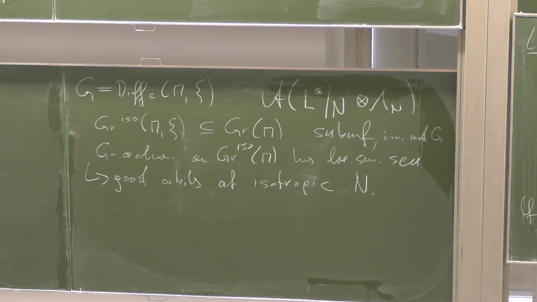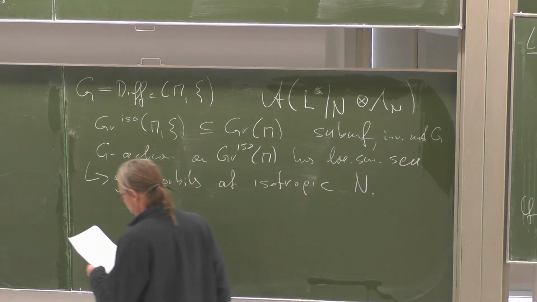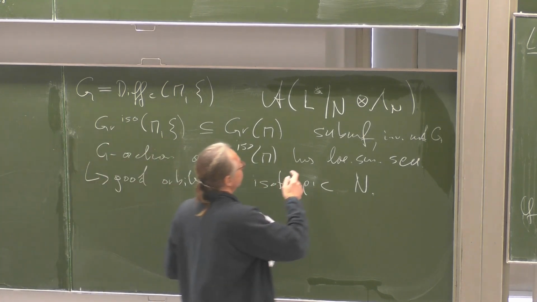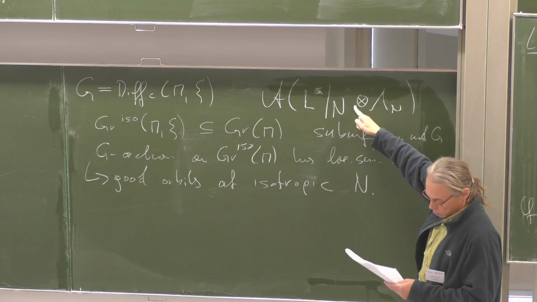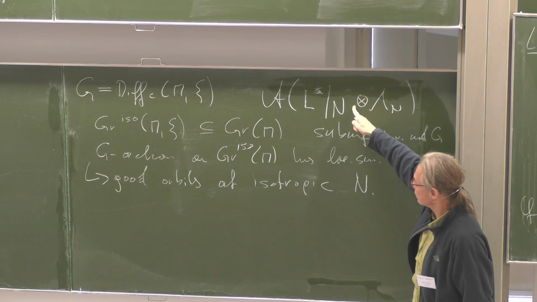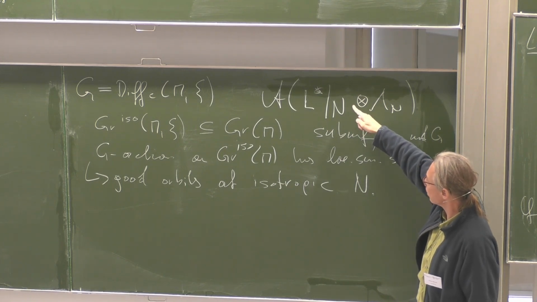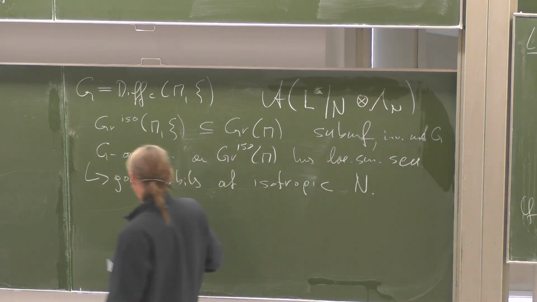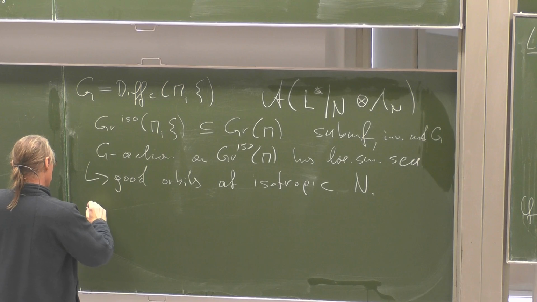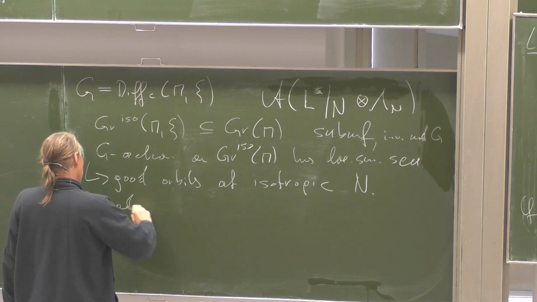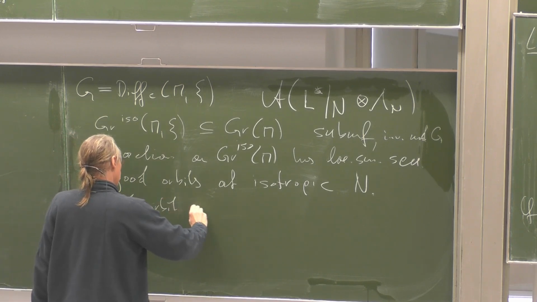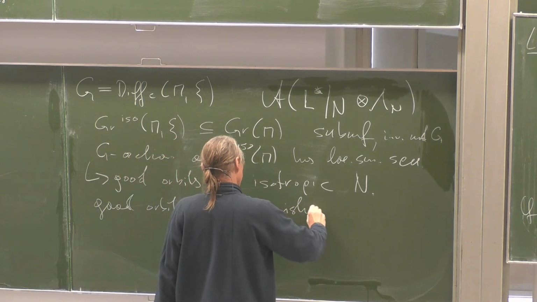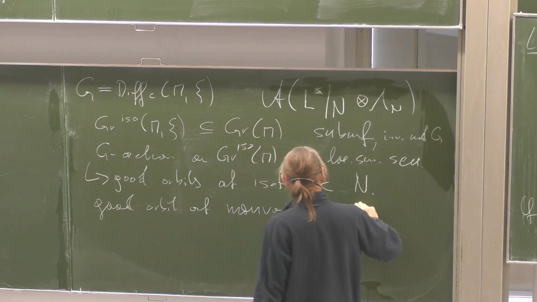But there's one case where we do have nice orbits or good orbits. This is when we have a nowhere vanishing weight, and the orbit through this nowhere vanishing augmentation will be open and even good. So we have a good orbit for nowhere vanishing gamma.